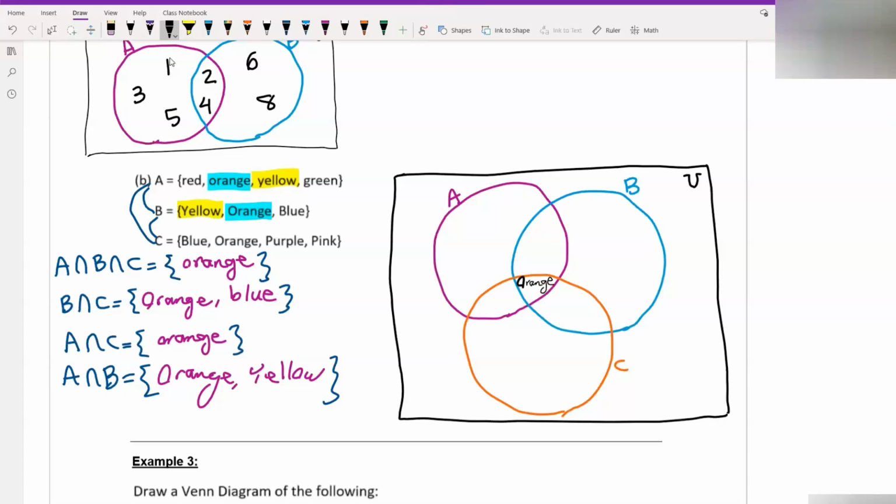Next one, between B and C, we have orange, blue. We already have orange between B and C, what's left is blue. So I'm going to write that one here. That's the intersection between B and C, this part.